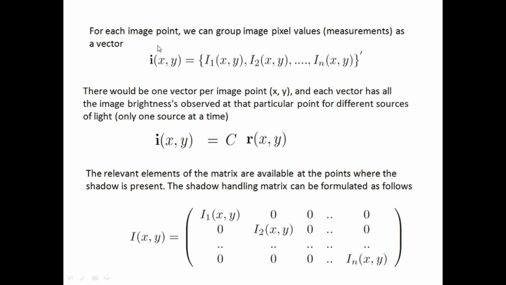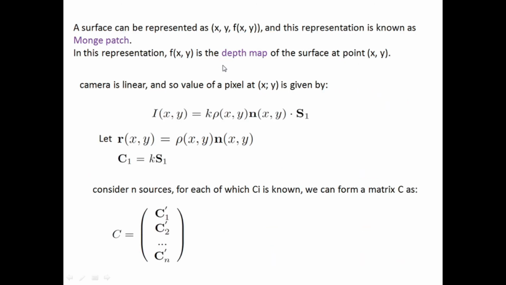Now for each image point, we can group image pixel values as a vector. I1 of x comma y is resulted by the S1 source, I2 of x comma y is resulted by the S2 source.